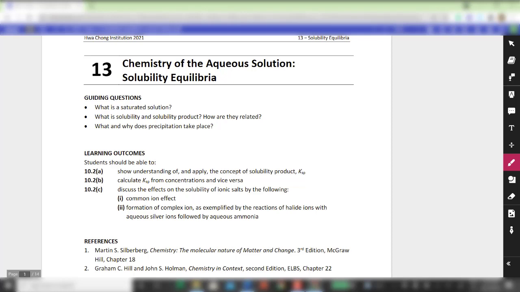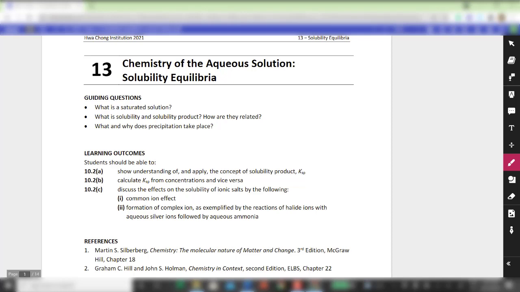Of course at this stage you will not be able to appreciate what the ionic product is, but you will be able to tell that the product of the multiplication between the instantaneous concentration of OH minus raised to the power of 2, in this case, with copper 2, when you multiply them together at that instance with the introduction of OH minus, you will realize that it actually exceeds the Ksp of copper 2 hydroxide, which results in the precipitation of blue precipitate of copper 2 hydroxide.